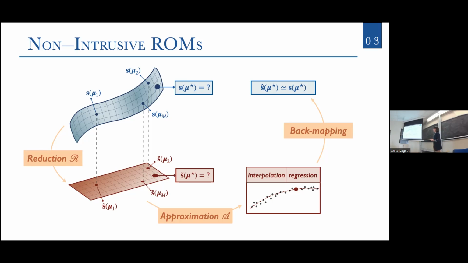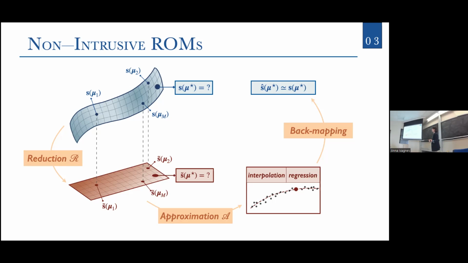And now your solutions in this space can be approximated with the reduced version. Okay, you have the reduced representations of your solution, this S tilde. And then your problem shifts to this reduced space. So now you want to find this S tilde of mu star. Okay, how can we find this S tilde of mu star?